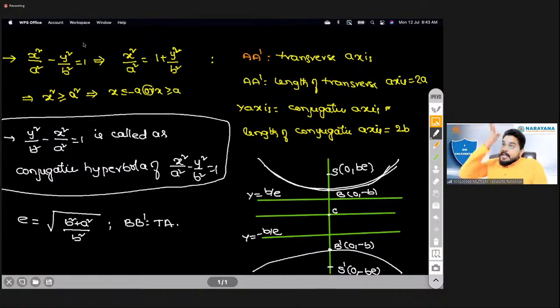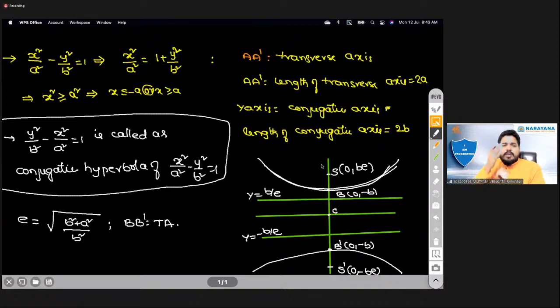Here, x square by a square minus y square by b square is equal to 1, you have the hyperbola like this. Now the transverse axis converts into conjugate and the conjugate axis converts into transverse. The conjugate axis does not intersect the hyperbola at all, it is like imaginary. So this hyperbola is called the conjugate hyperbola.